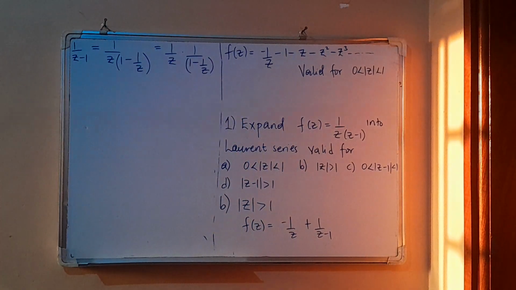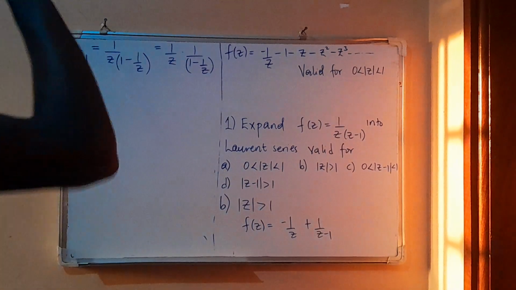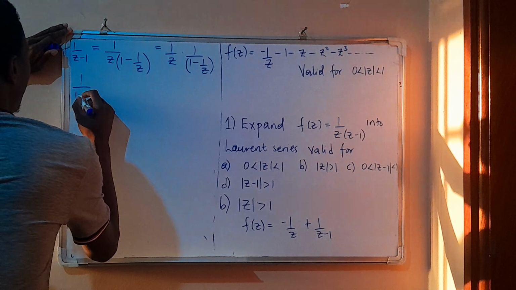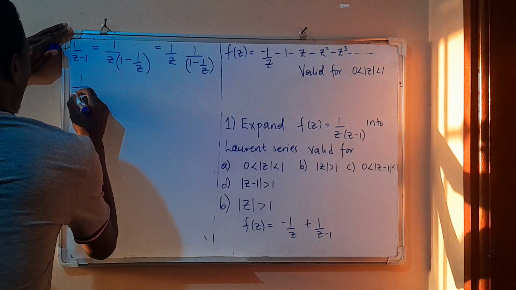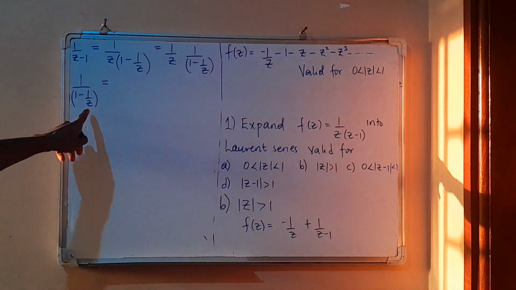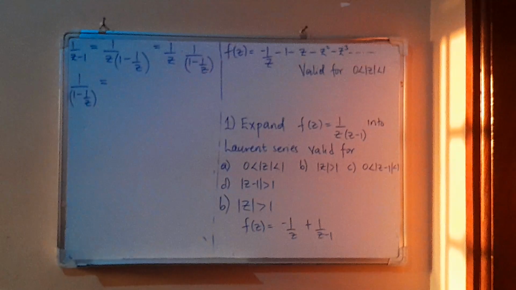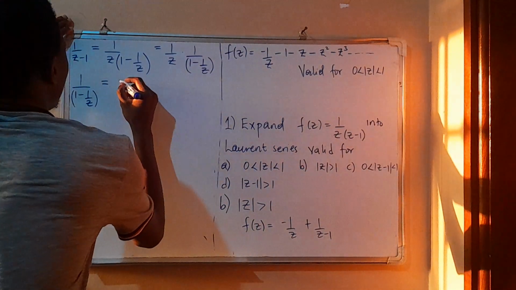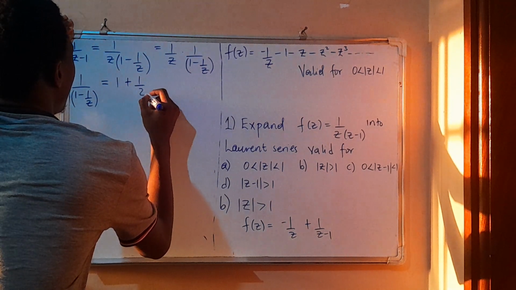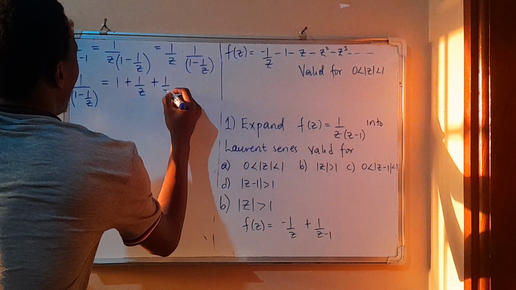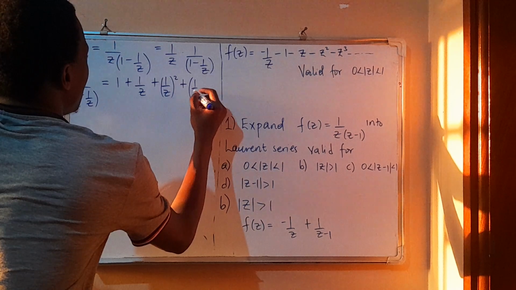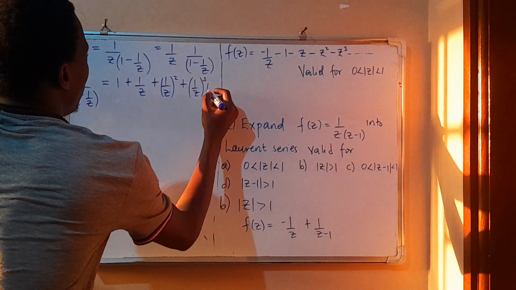Now let me manipulate this using the knowledge of sum to infinity of a GP. 1 over 1 minus 1 over z. The common ratio now is this. First term, 1. So this is equal to 1 plus 1 over z plus 1 over z squared plus 1 over z to the 3 plus.